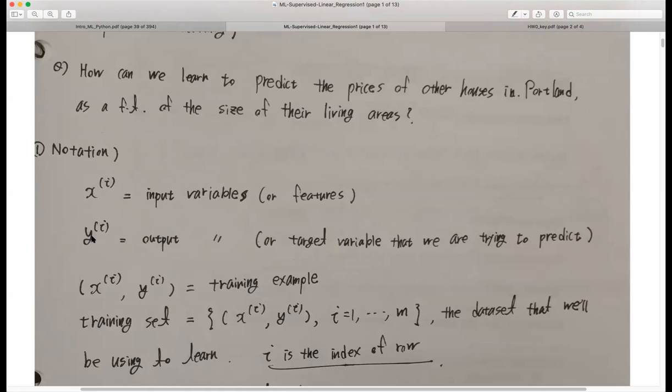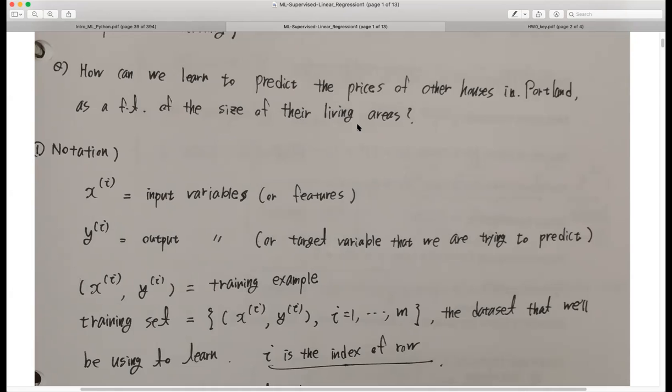In general, the price of a house will not be determined only by the size of the living area. There are a lot of parameters we have to consider: the size of the house, the school district, the neighborhood, and what materials were used to build the house.